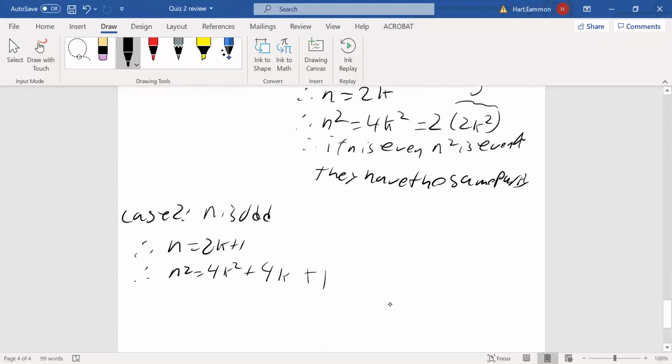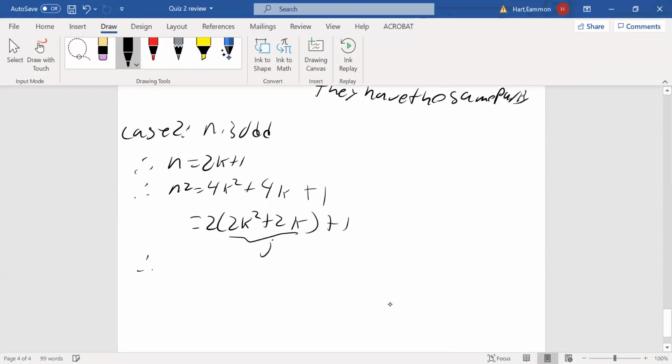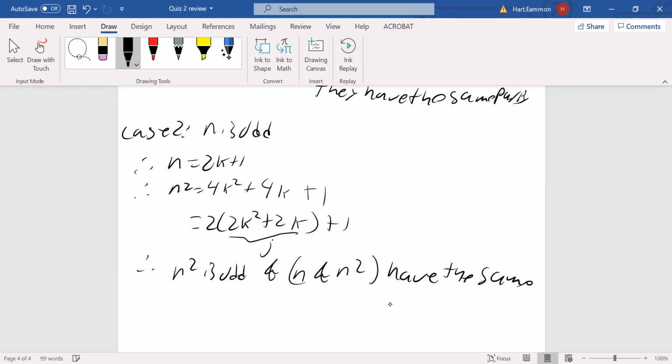So that is equal to 2 times (2k squared plus 2k) plus 1, and we'll call this guy j. Therefore, n squared is odd, and n and n squared have the same parity. So in both our cases, they have the same parity.